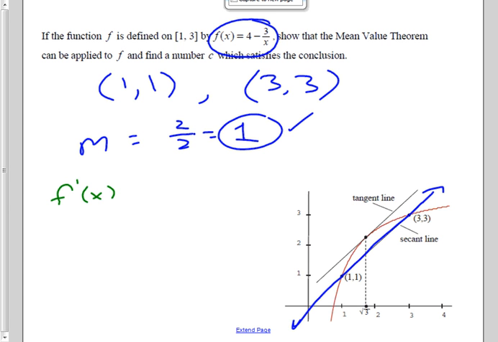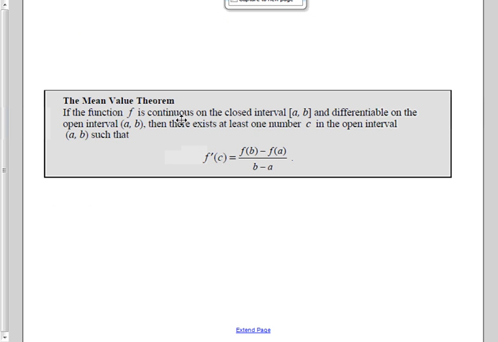f prime of x equals, let's just rewrite this, 3 times x to the negative 2. Now we need to be careful that we can use the mean value theorem. One of the key things is that it needs to be differentiable on the open interval.